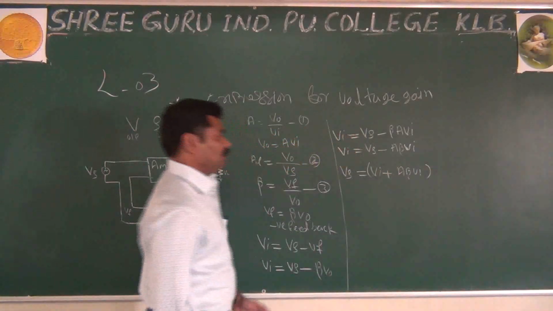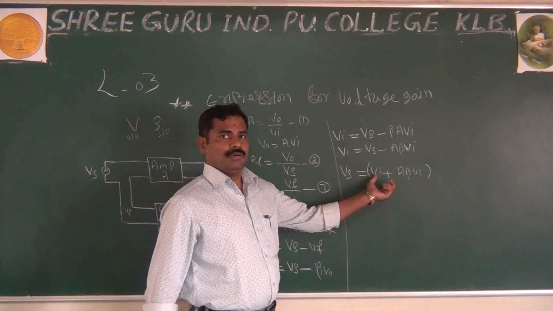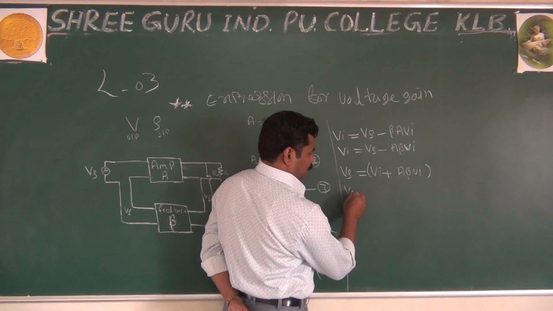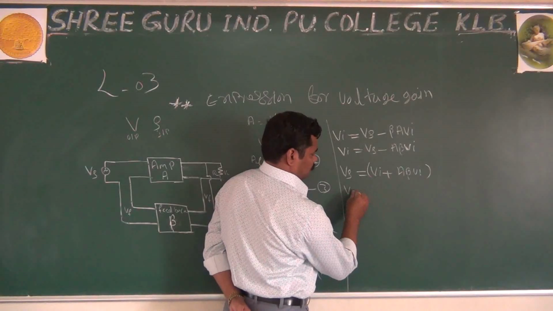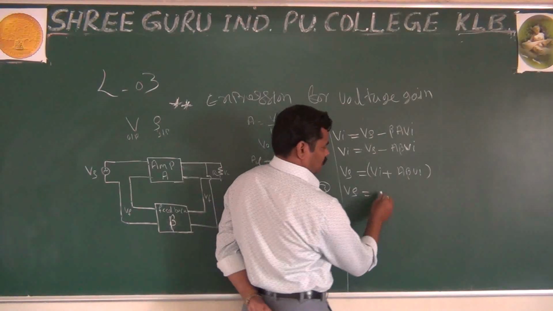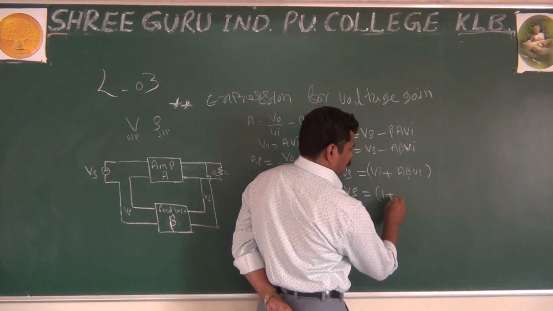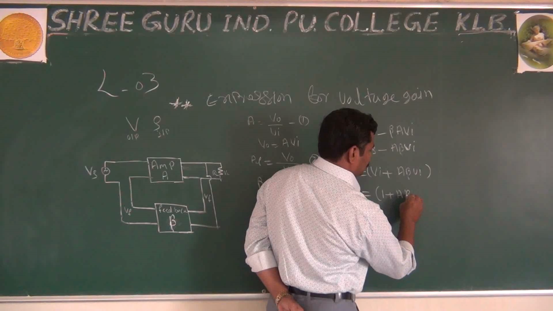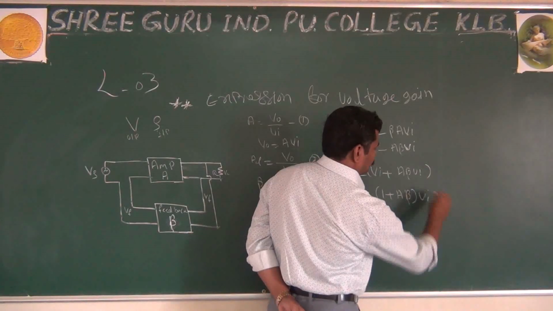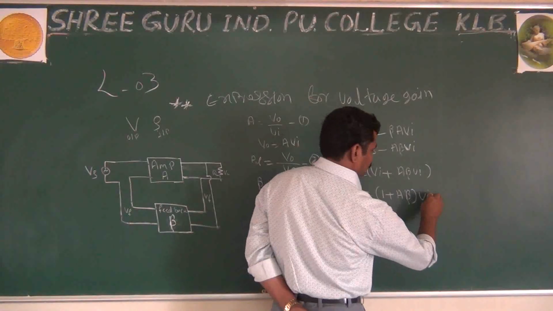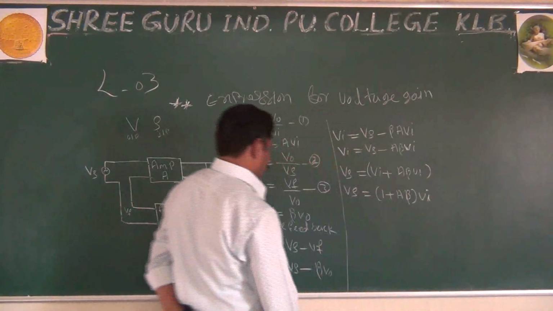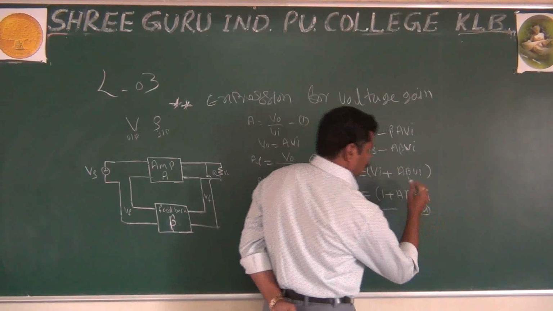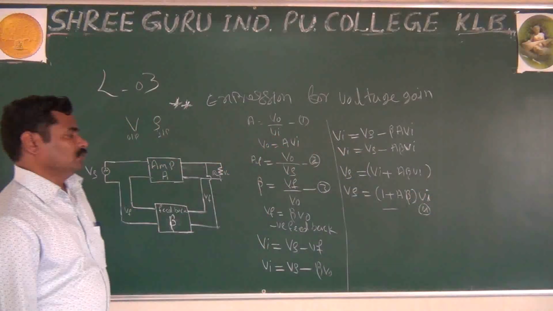Now here you take the Vi common. That becomes Vs equal to 1 plus A beta times Vi. This may be equation number 4. Now, what do we want?